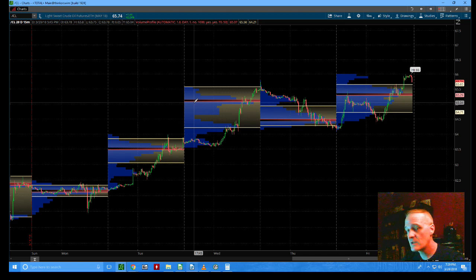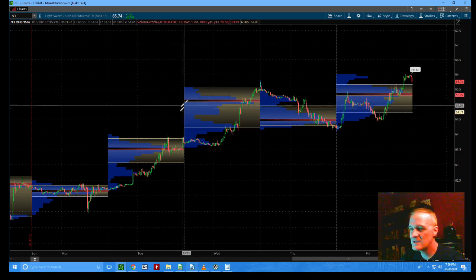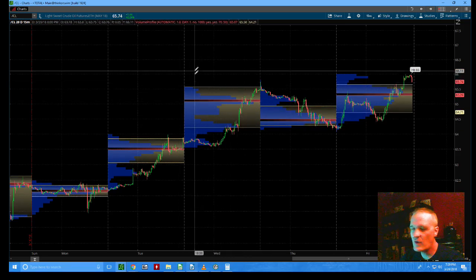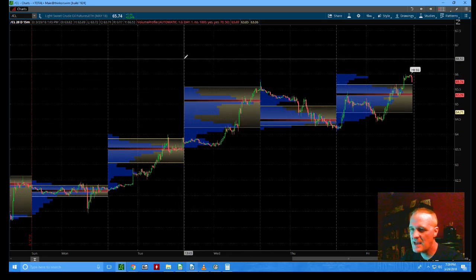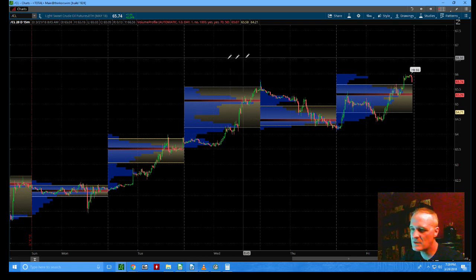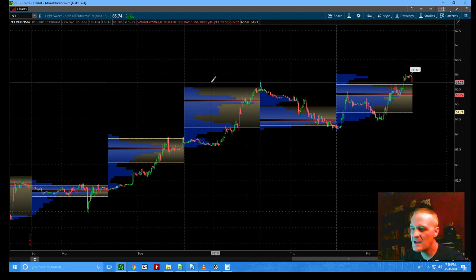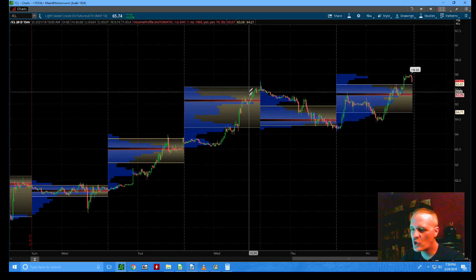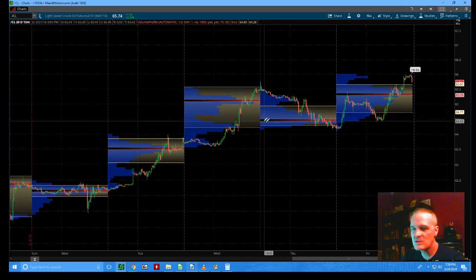Now again, that's a parameter that can change. You can change it to have it be 80%. But what this is telling you is that 70% of the volume on this particular trading day, because this is 15-minute increments on one single trading day, occurred between these two lines.